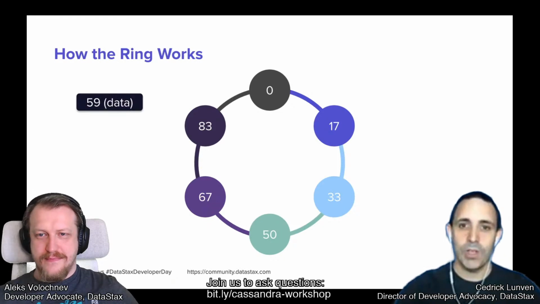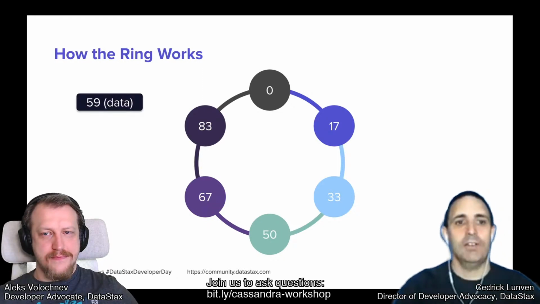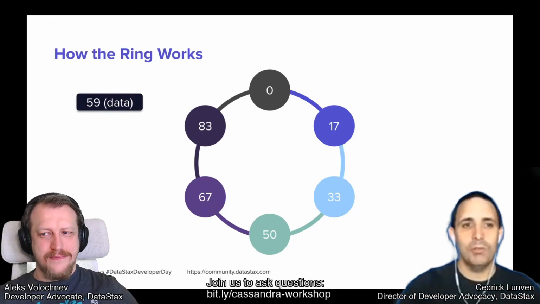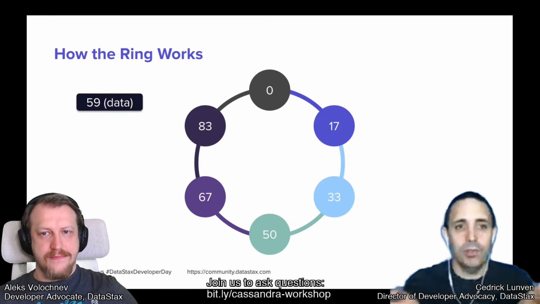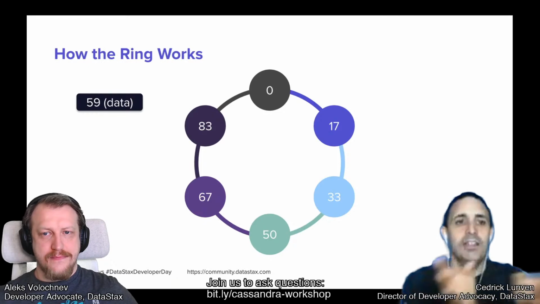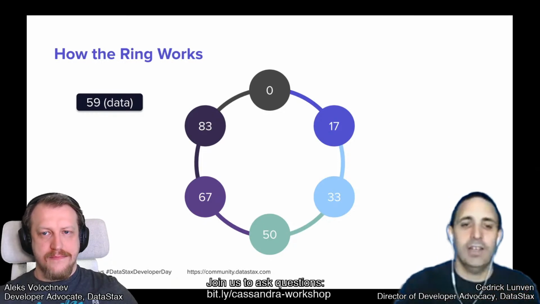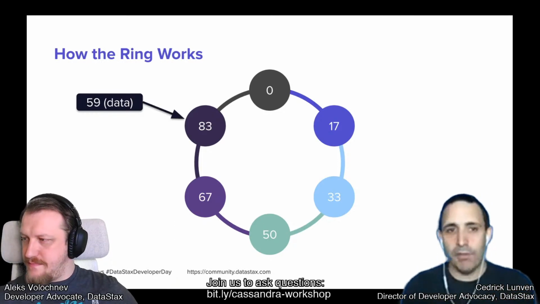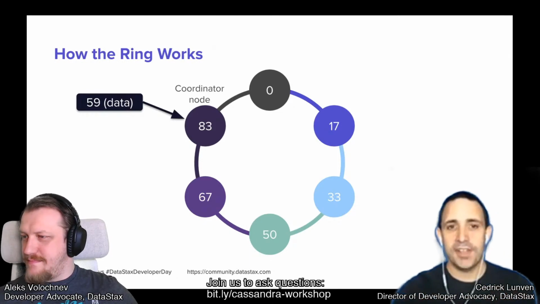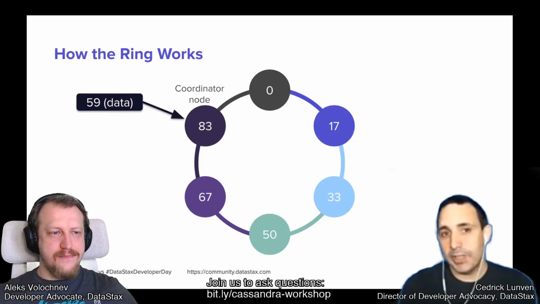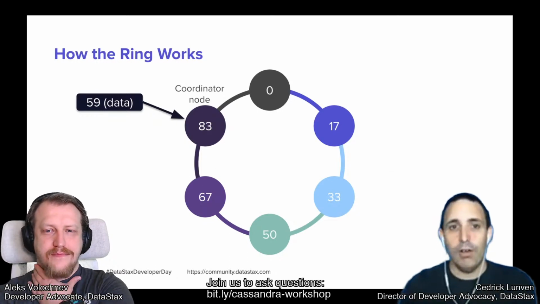Okay, so now my data is coming. I want to insert something, and the partition value, when it has been hashed, gives 59. I can contact any of the nodes, but hey, this node is not in charge of 59. So this guy will become the coordinator node for the request.